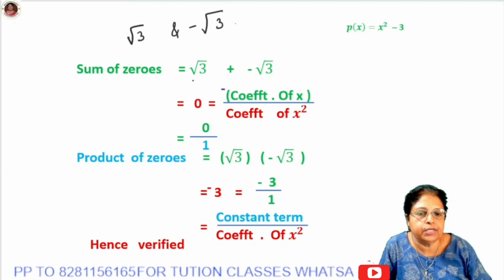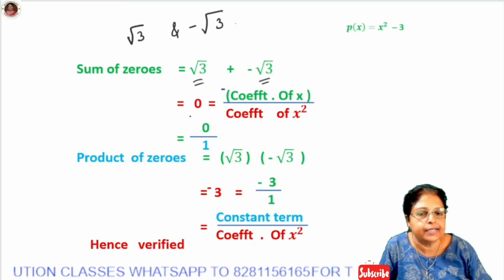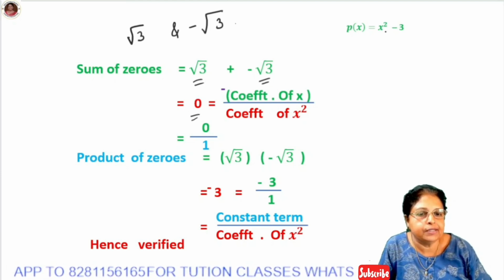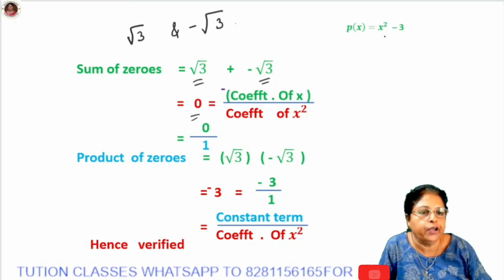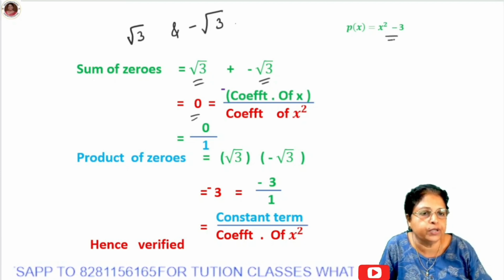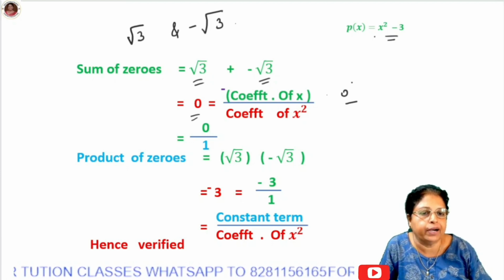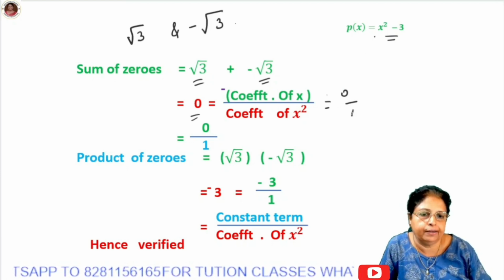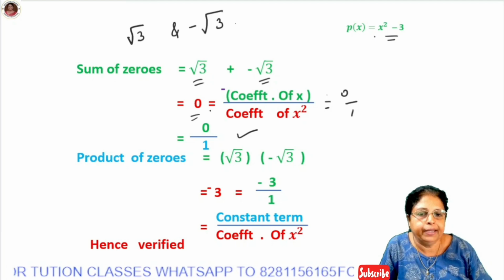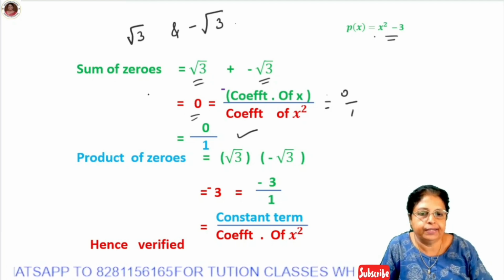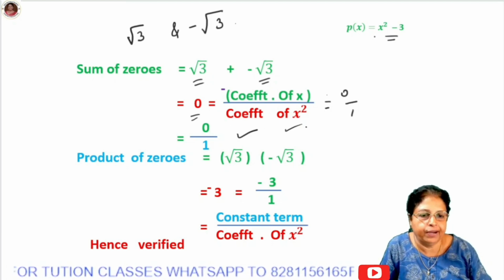Then the sum of the zeros is root 3 plus minus root 3, that is equal to 0. Here the negative of the coefficient of x is 0, so 0 upon the coefficient of x squared, which is 1, gives 0 upon 1. That means the relation is verified here.